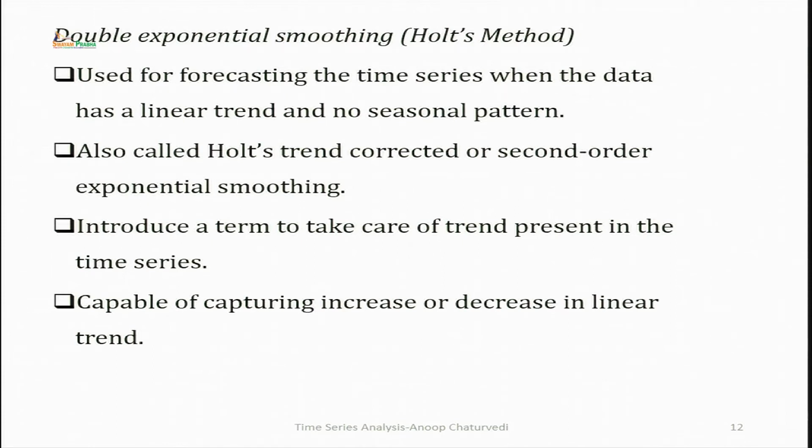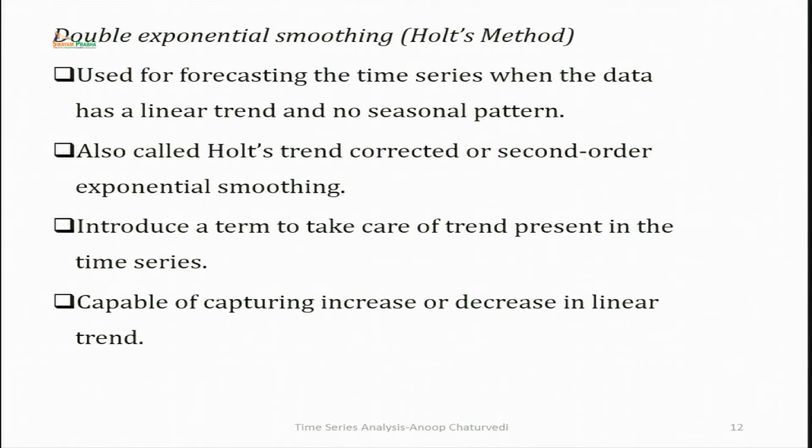In this method, we relax the assumption of no trend. So, this method is used for forecasting a time series when the data has a linear trend and no seasonal pattern. So, still we are assuming that the time series does not have any seasonality, but it has a linear trend.